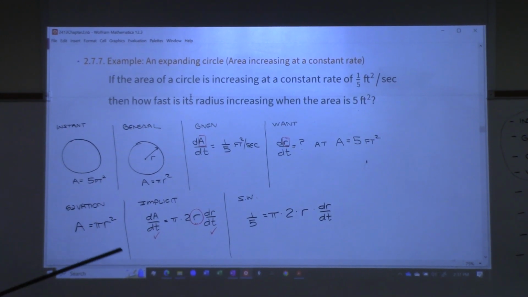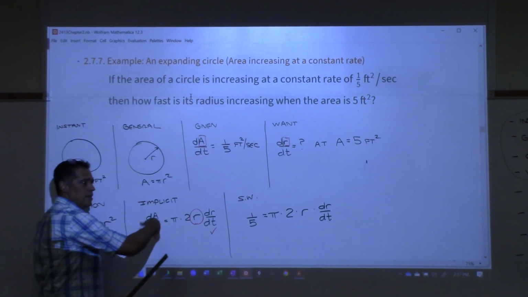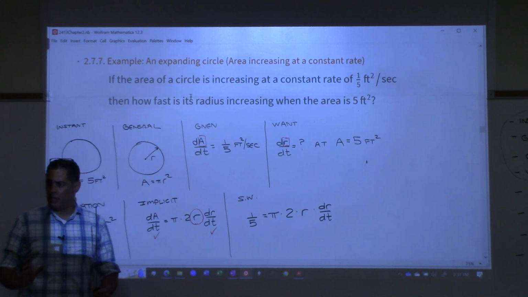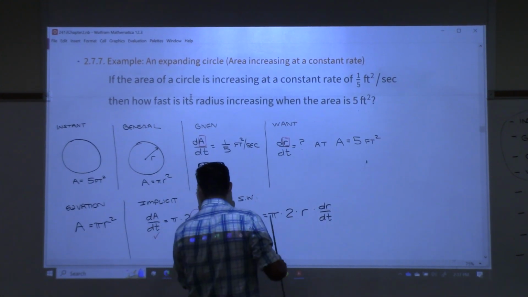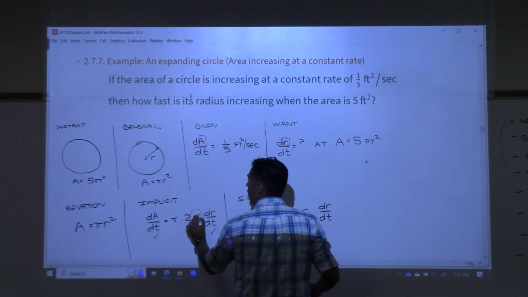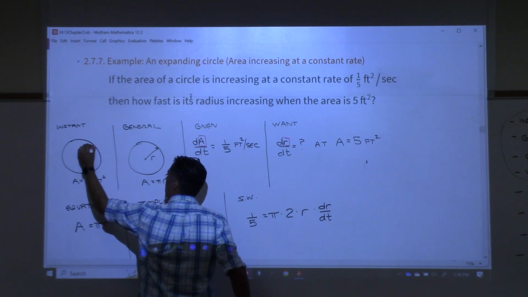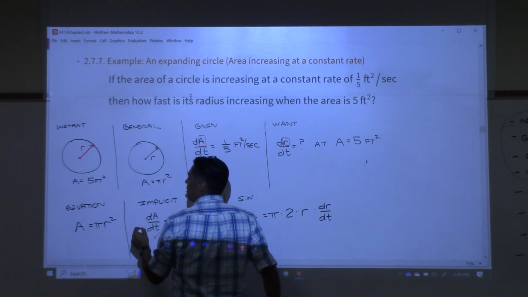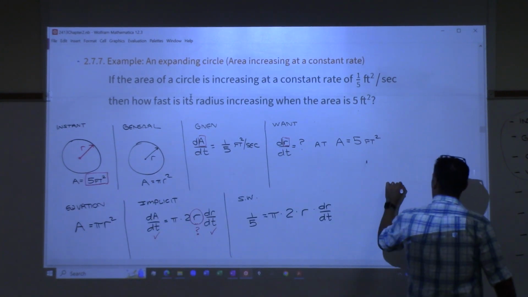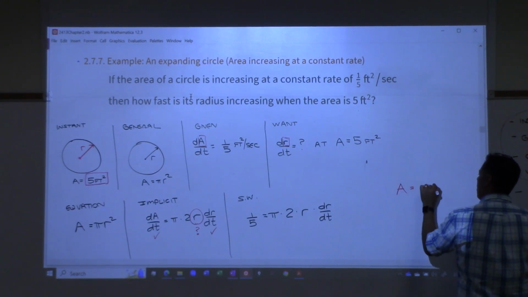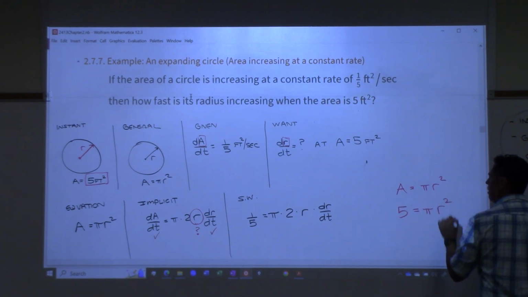But now you can solve for r, because you've already done the derivative, right? So now you can freeze everything in time. So to figure out what this r is, we're going to go back to here, and we're going to figure out what r is using this fact that the area is pi r squared, but I know the area is 5, right?